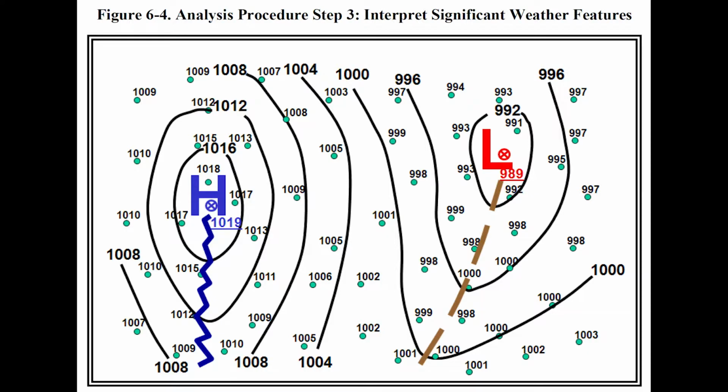So here, in figure 6-4, they show a high, but then also an area of pressure leading away from the high that's also remaining high in pressure. So that would be a high pressure ridge, and the same thing for a low pressure trough.